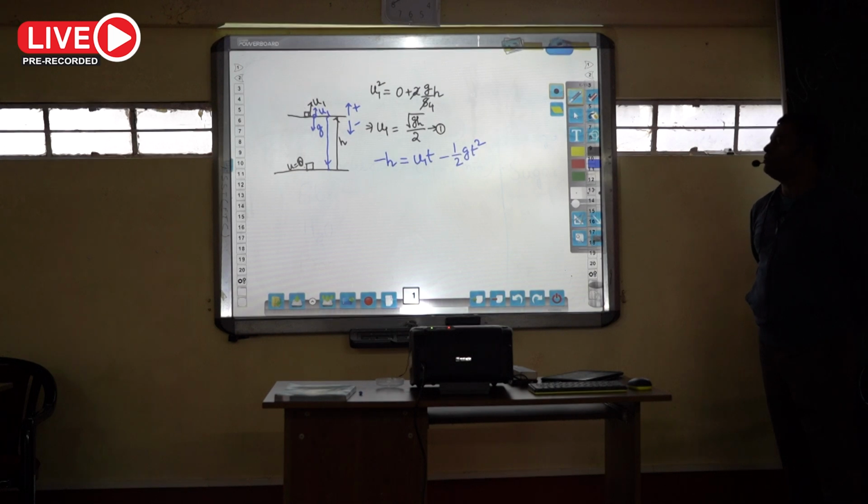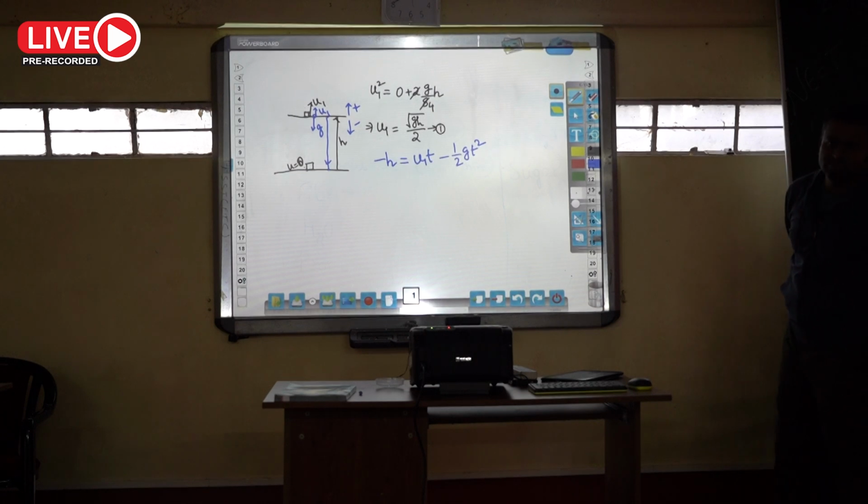You can put the value of u1 at the last. That is also possible. First, from Sridhar Acharya's method, find the expression for t and then put the value of u1. That is much easier.